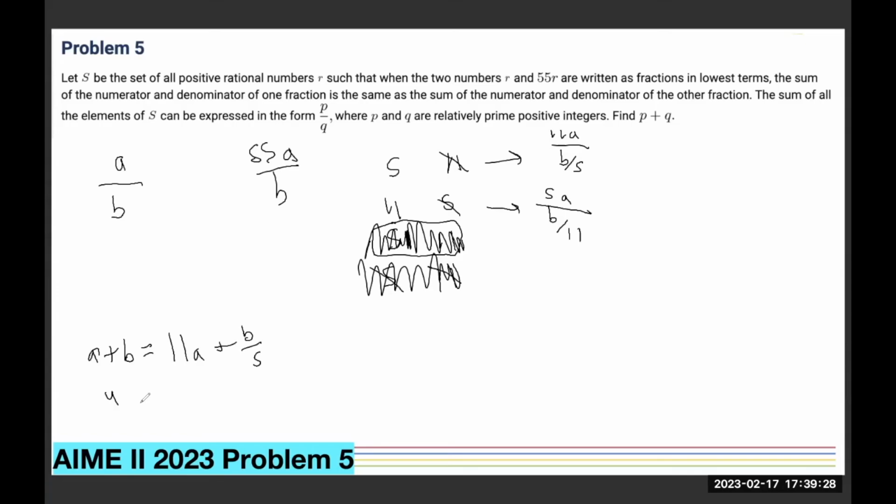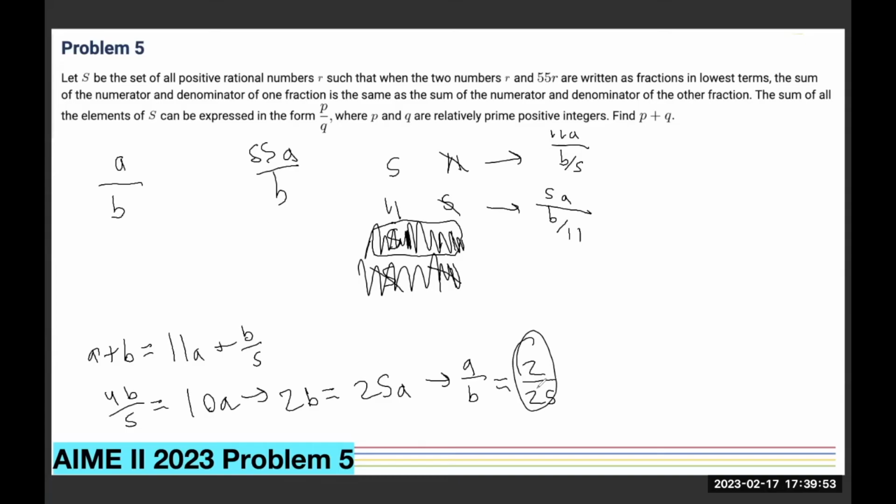If we simplify things, we get 4B over 5 is equal to 10A, which gives us 4B is equal to 50A, which simplifies to 2B is equal to 25A, which gives us A over B is equal to 2 over 25. And notice that A and B have to be 2 and 25 respectively, because we can't reduce this fraction anymore, and A and B have to be integers.